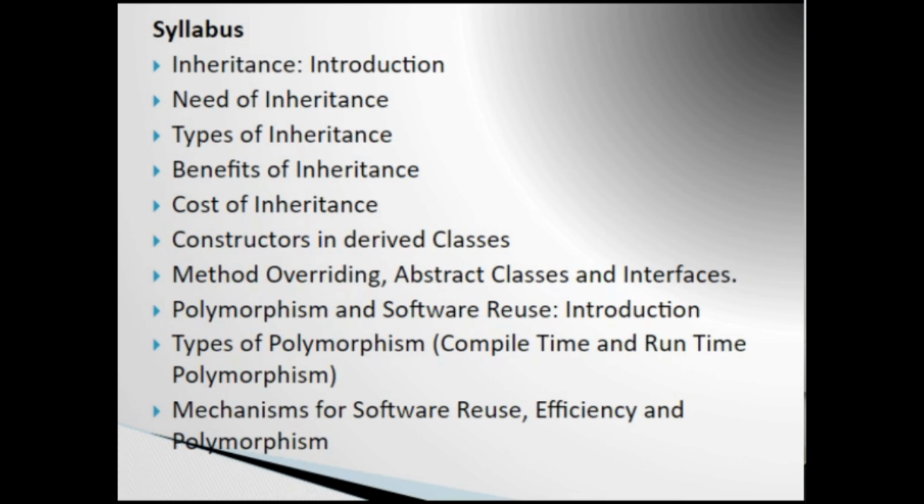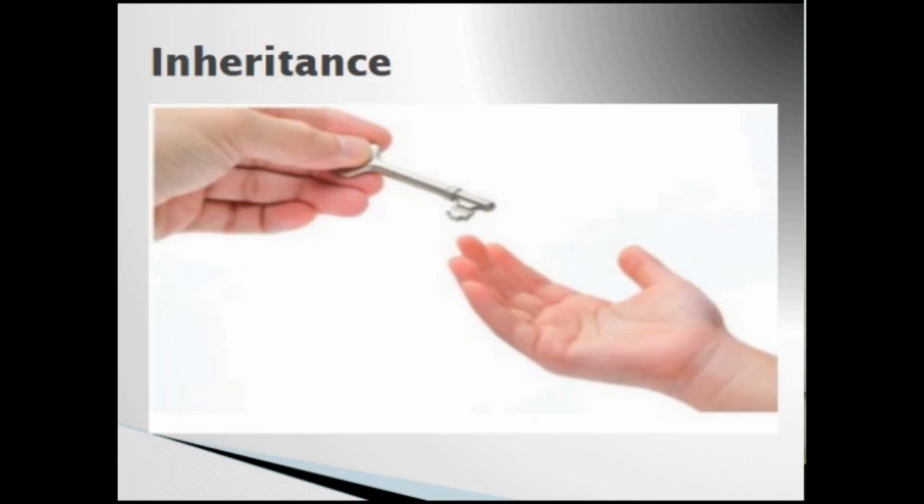The syllabus for unit number 4 is introduction to inheritance, why we use inheritance, different types of inheritance, benefits of inheritance, how we use the constructor concept in a derived class, method overriding, abstract class and interfaces, polymorphism and software reuse. There are mainly two types of polymorphism, compile time polymorphism and runtime polymorphism. So dear student, let's start with our discussion.